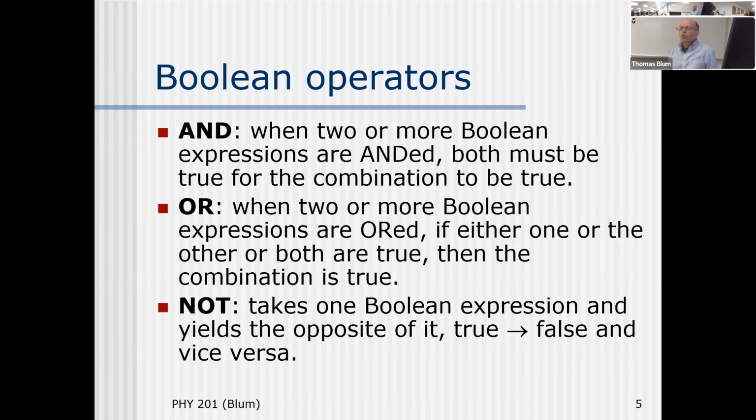So we have Boolean algebra. I'm going to work with a notation. I'm not going to use the discrete math notation. It's hard to type, so I don't like it, and I also find it confusing.